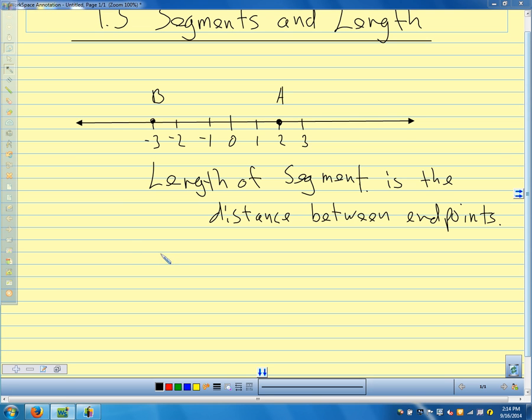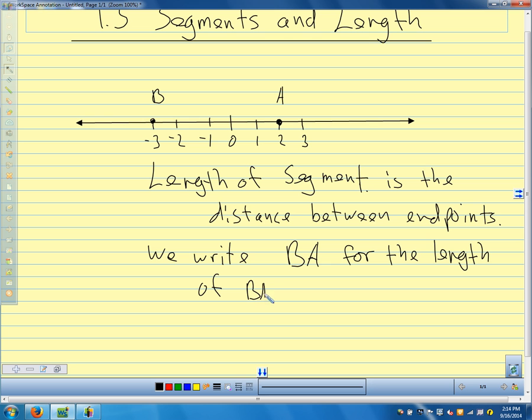We write BA for the length of segment BA. So we just leave off the bar. So BA without the bar over the top means the length of that segment.